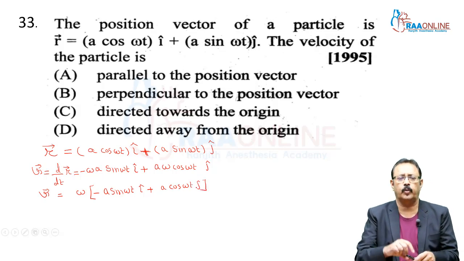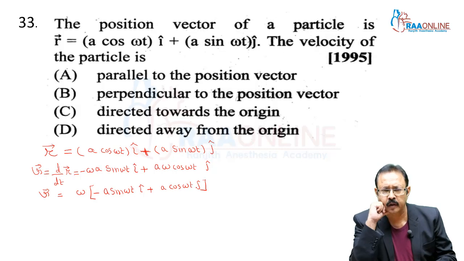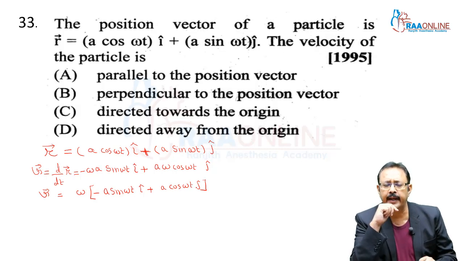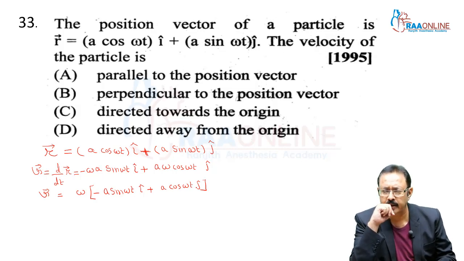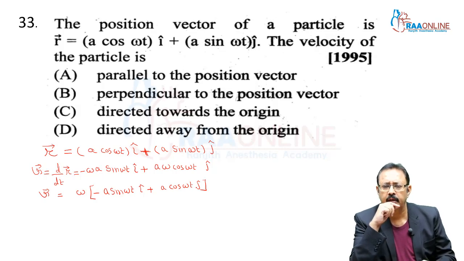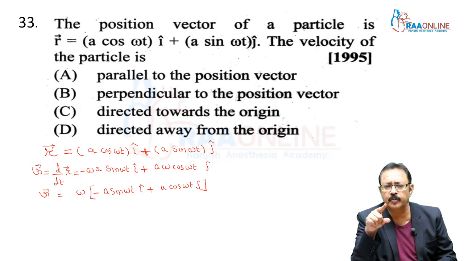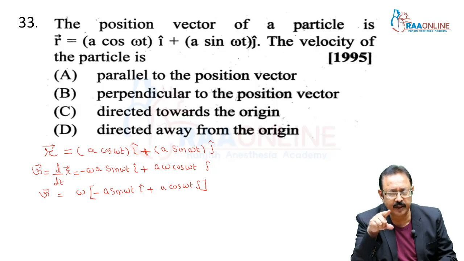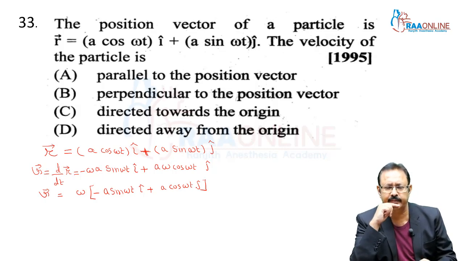Now we are going with the options. The direction of V is not parallel to the position vector. Position vector R and this vector V are different.